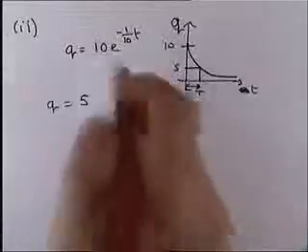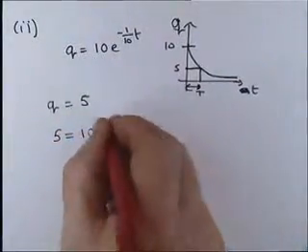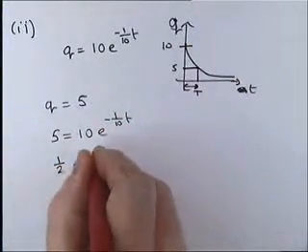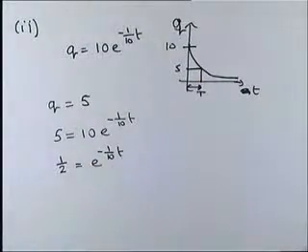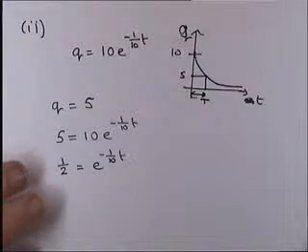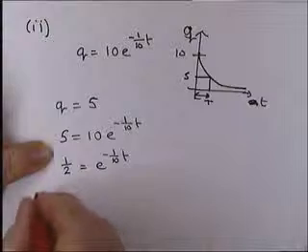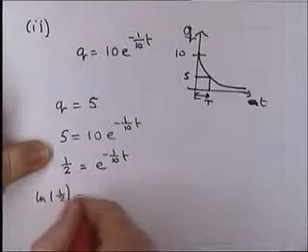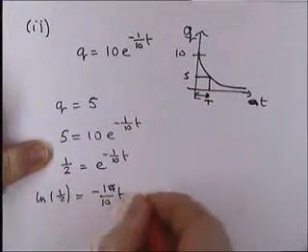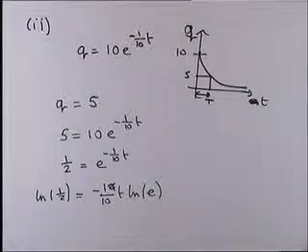Right, so we've got q equals 5, so we're going to work out 5 equals 10 e to the minus 1/10 of t, so we get a half equals e to the minus 1/10 of t. Now we've got to solve that equation, and that takes us back to core 2, and if we take the natural logarithm of both sides, we get log of a half equals minus 1/10 of t, natural log of e, using the power law.